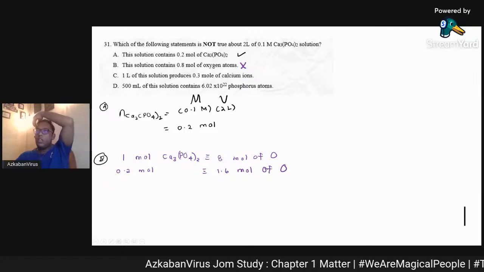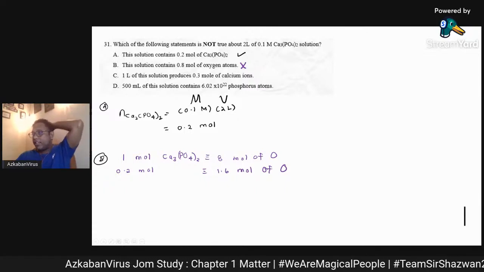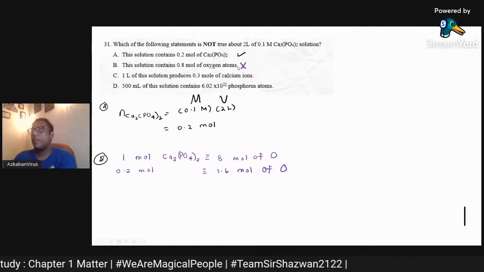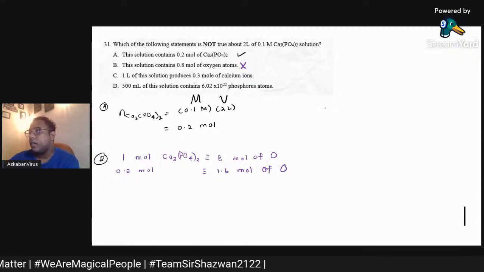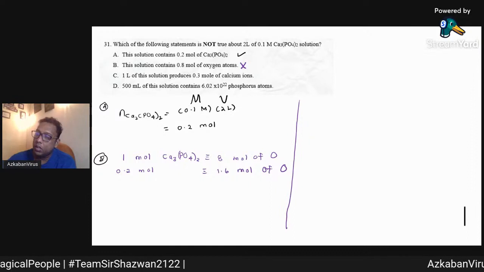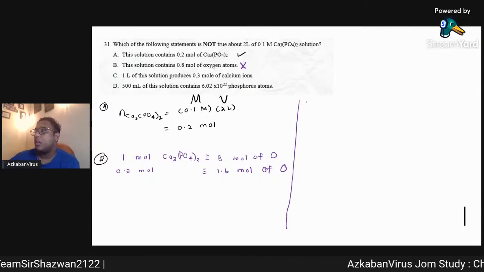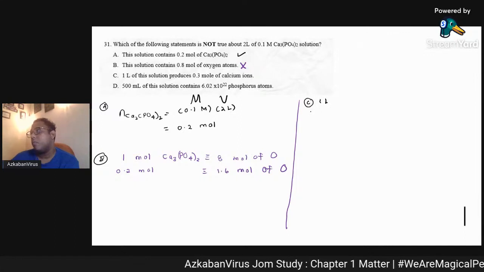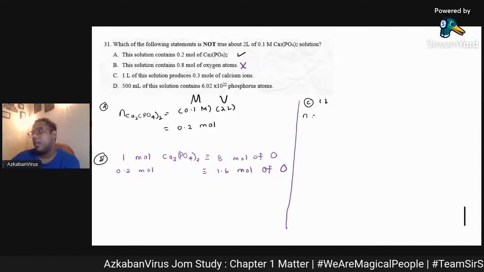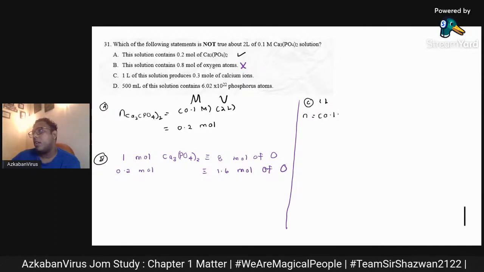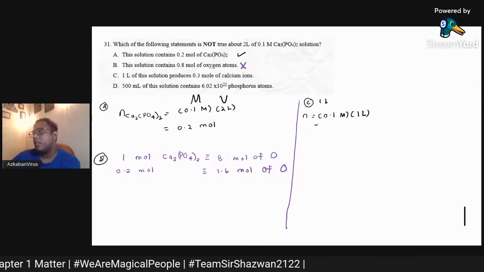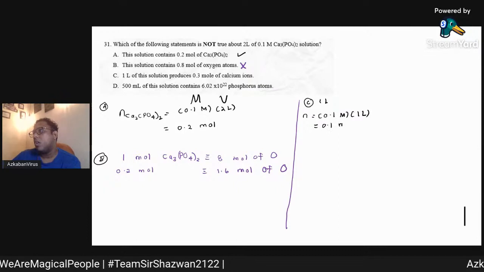1 liter of this solution produce 0.3 mole of calcium ion. So kalau 1 liter, kan, maksudnya mole dia adalah 0.1 molar darab dengan 1 liter, which is 0.1 mole.